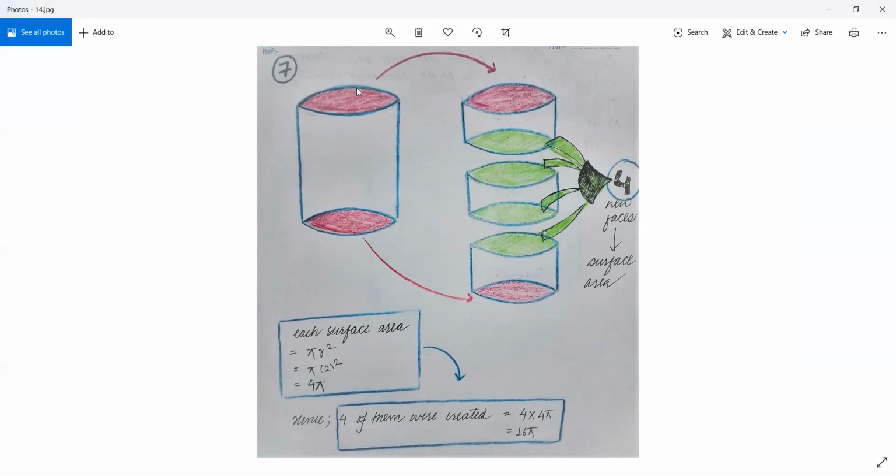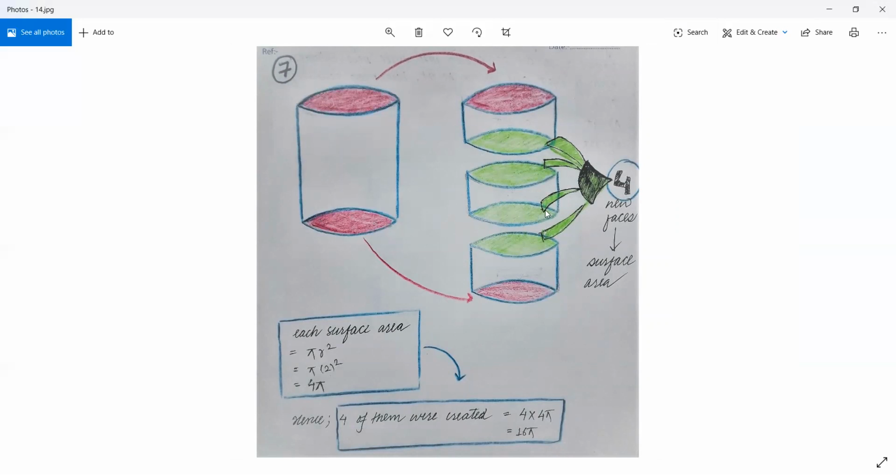This is the old base area of the cylinder, so you don't need to consider it. You just need to find the new surface area that is created when you cut the single cylinder into 3 parts.